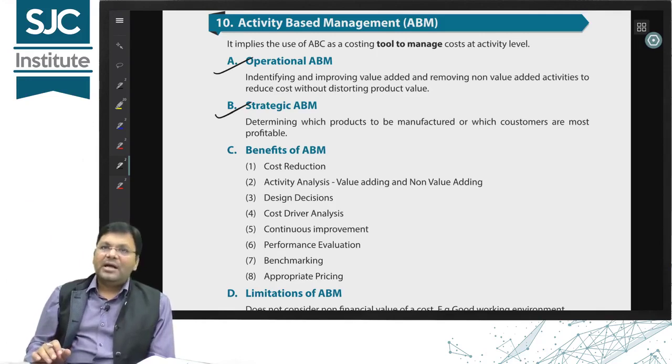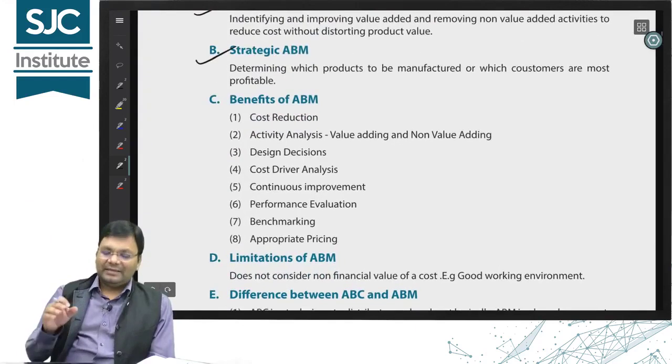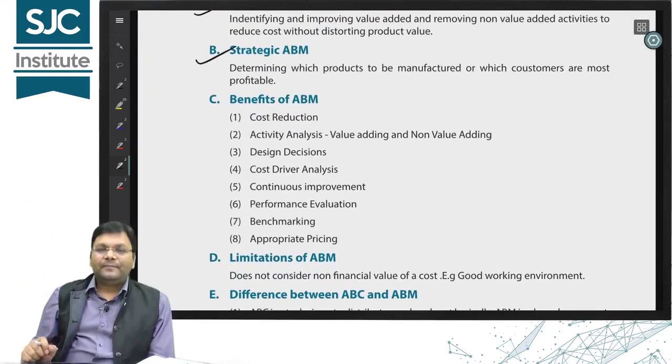And apart from that, there are multiple benefits, or you can say features, of ABM. Other than this, it helps in better pricing of your products. It helps in product profitability analysis. It helps in customer profitability analysis. So based on that, you can decide which product to continue or discontinue.